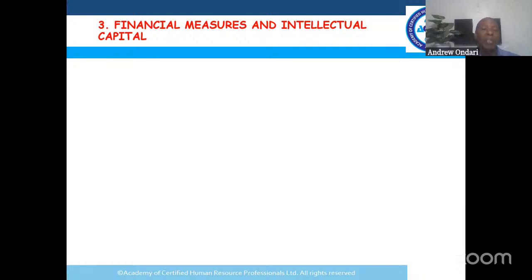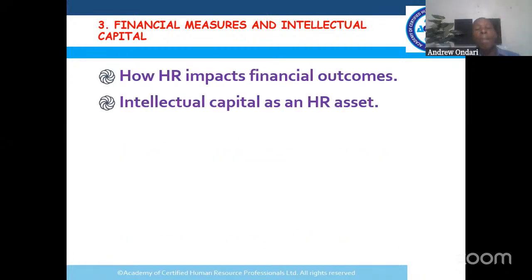So these are the areas we are going to look at in this final part. One is how HR impacts financial outcomes, and I've mentioned the three outcomes: revenues, profits, and cost. And secondly, intellectual capital as an asset.